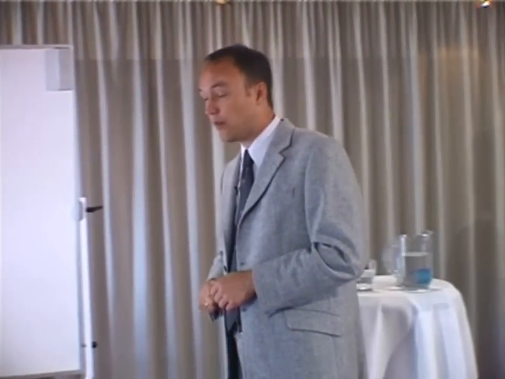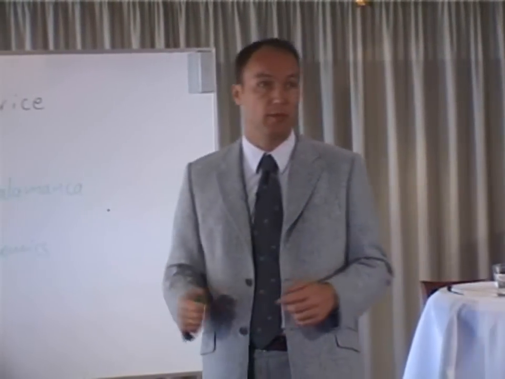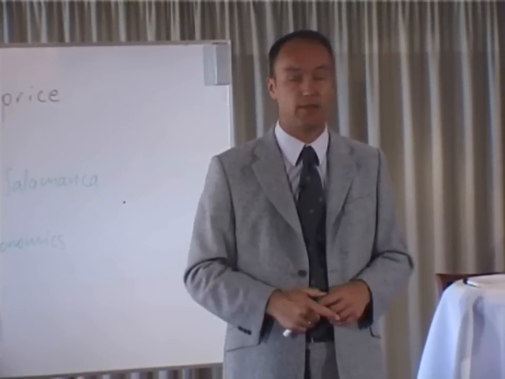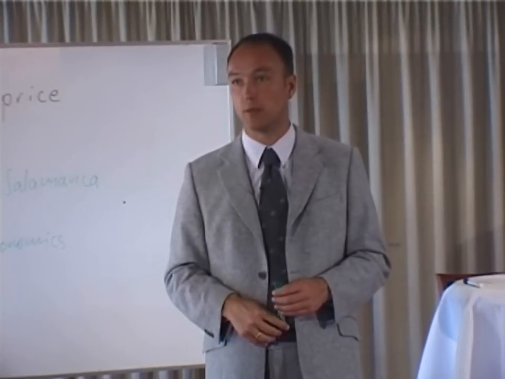Without water, we could not survive, so water is vitally important for human life. But we pay very, very low prices for water, and usually we don't pay prices for water at all. In many areas of the world, we still pay no prices for water at all.